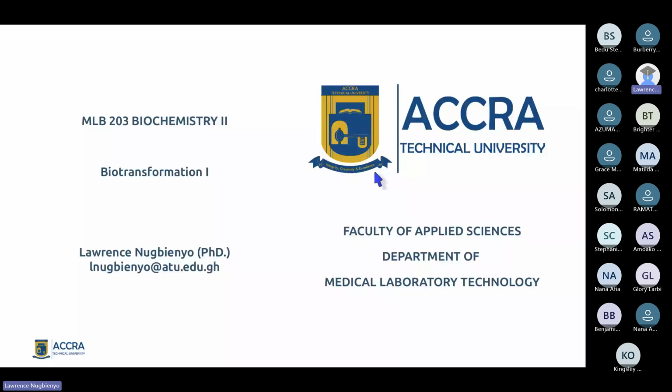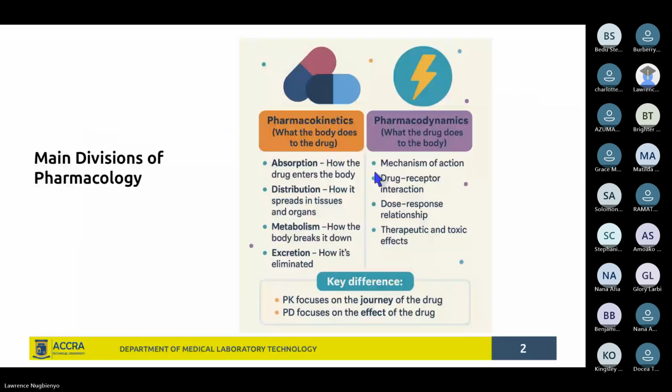So diving into biotransformation, we talk of pharmacology if we are referring to substances of medicinal property.